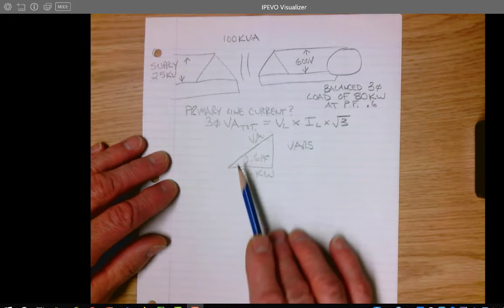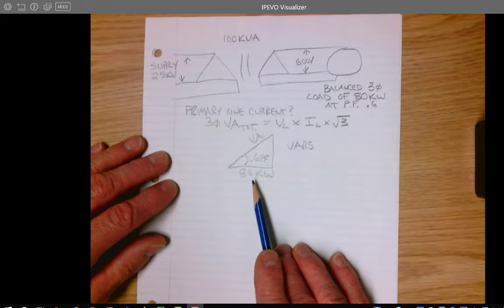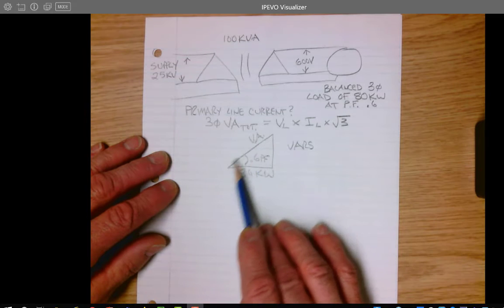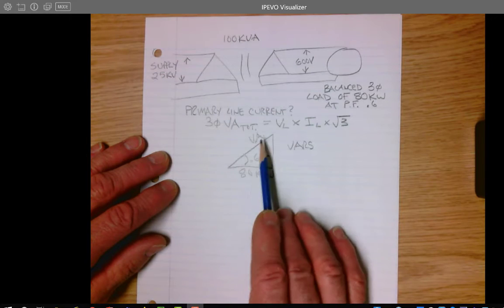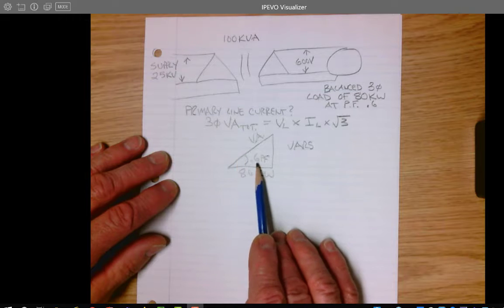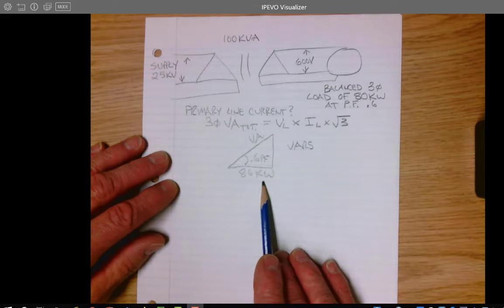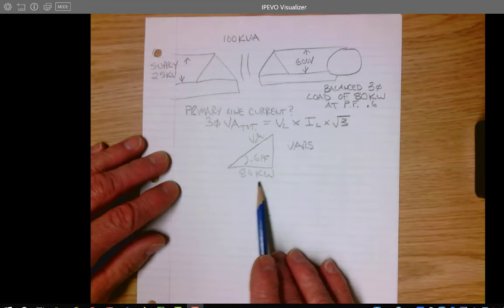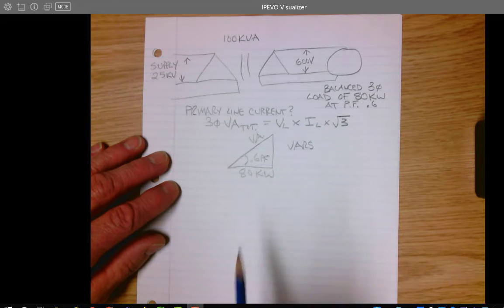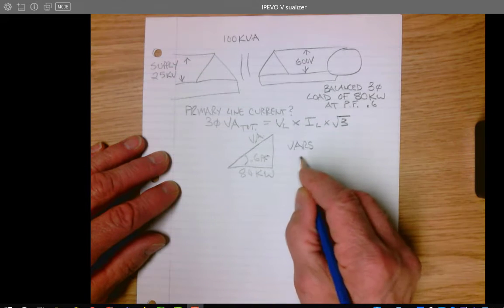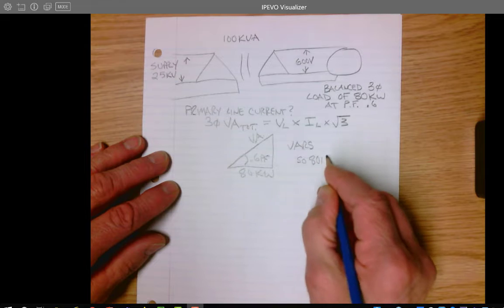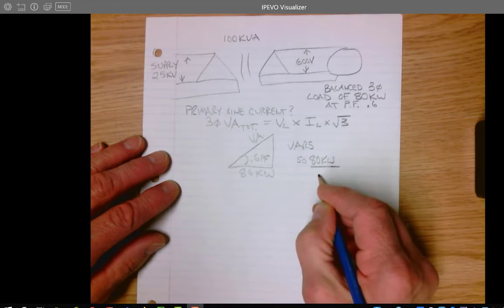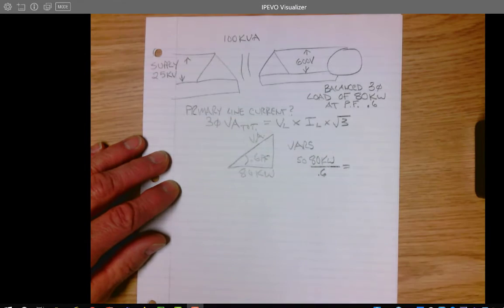And the way to find the total VA is, if I knew the total VA and the power factor, I can always multiply the VA by the power factor to get the watts. So when we know the watts and we're trying to find the VA, we just do the opposite. So I'm going to take 80 kilowatts divided by 0.6. I should get a bigger number.